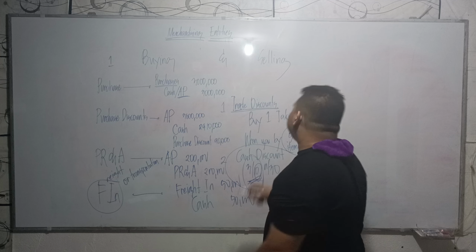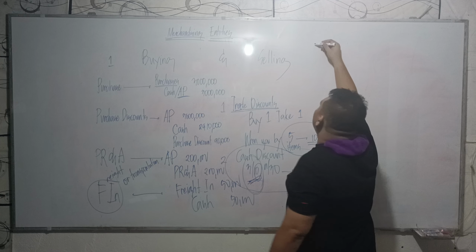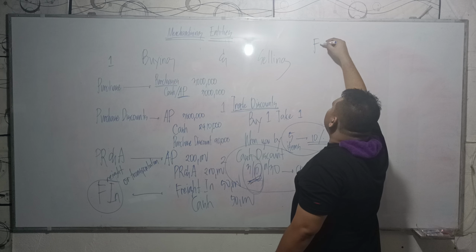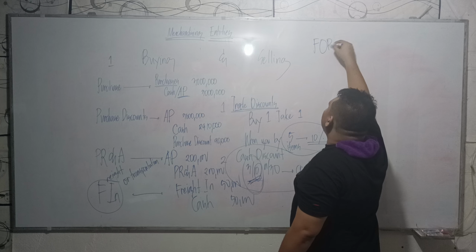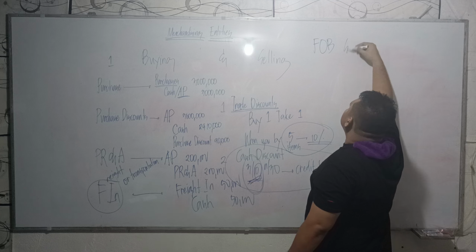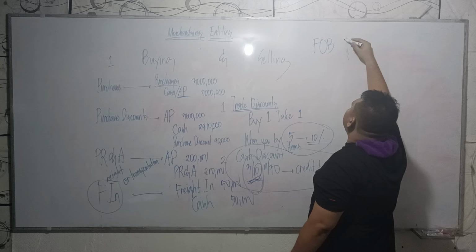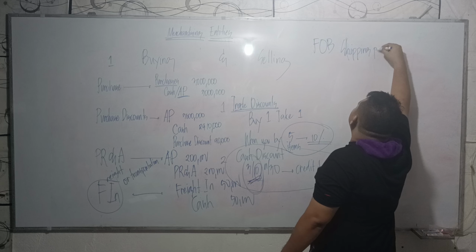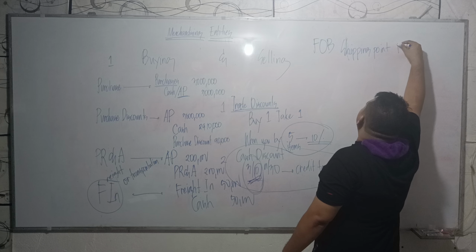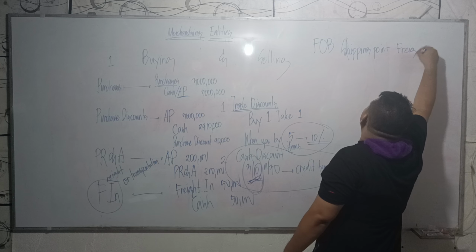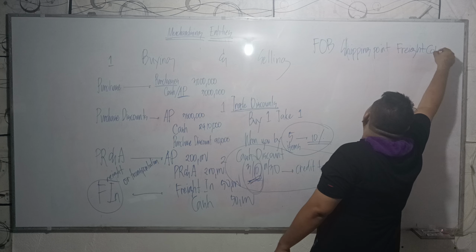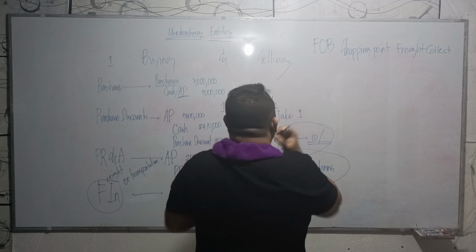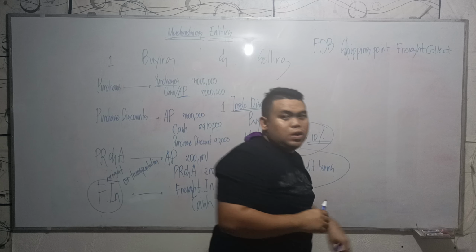This is the entry if we're talking about terms like free on board, FOB, shipping point, freight collect. There are two terms here. So that will be your entry, if ever, FOB shipping point and freight collect.